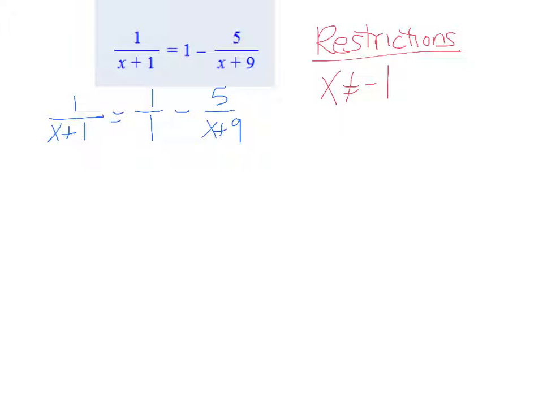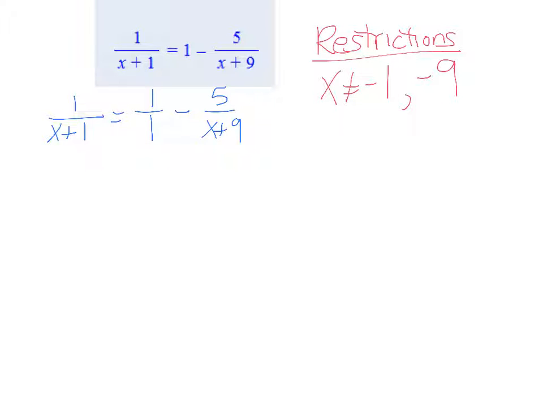This one doesn't have a variable in the denominator, so it's fine. It's not going to be a problem. But this one does, so I wouldn't want x to be a negative 9, because that would turn that into 0. So x cannot be negative 1, comma, negative 9. That's kind of a shortcut way of writing what your restrictions are.